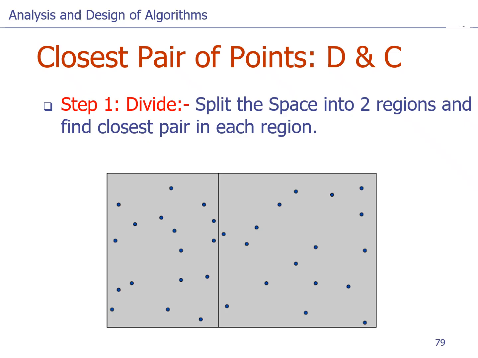But let's just imagine that we're splitting it into two halves for the sake of explanation only. Now, in every one of those halves, there are a number of points. I will compute the distance between each 2 points in each one of those halves.